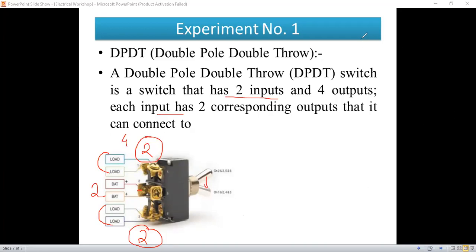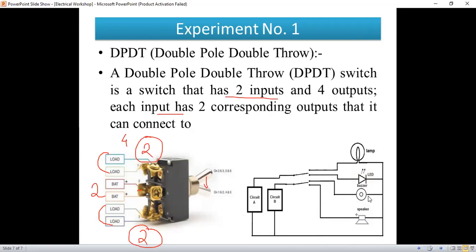So the connection diagram for that. See here again, the circuit will be like this: circuit A, and here it is circuit B. So these are the input side.